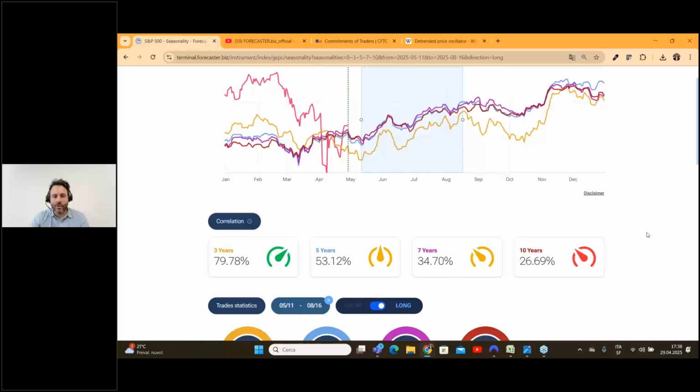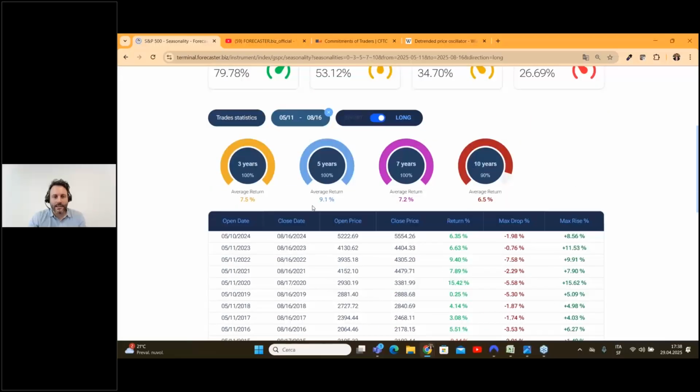Okay. So we can go here and check the statistics, and we can say that we have a very high probability that during this specific window of time, we will have an upward movement. Okay. Why? Because in the last 10 years, we had a bull trend 90% of the time with an average return of 6.5%. Okay.